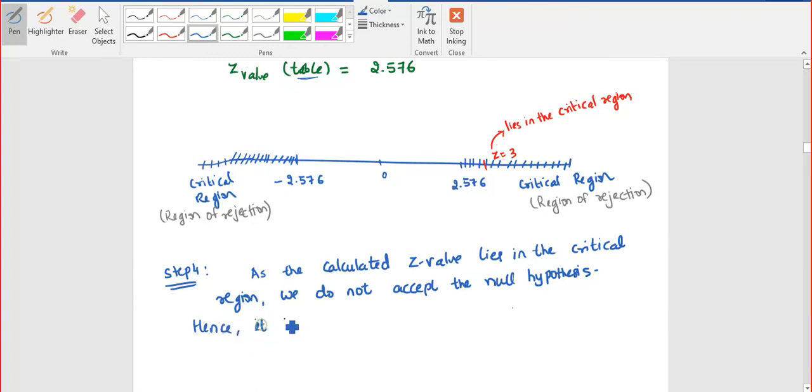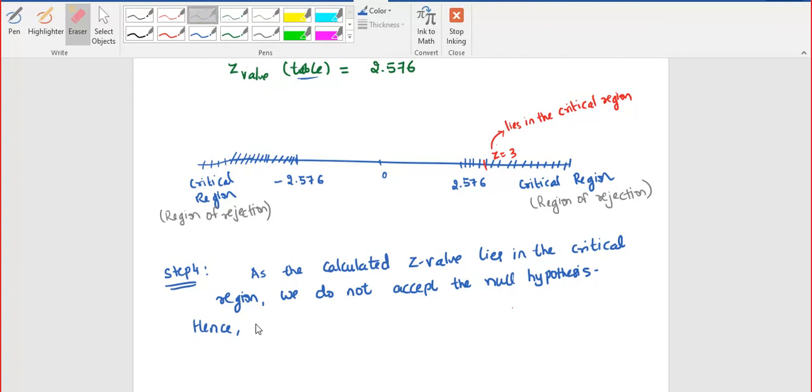We cannot say whether it is more or less. It could be less, because we are saying that it is not 60 seconds.